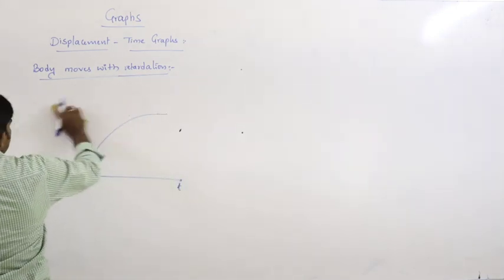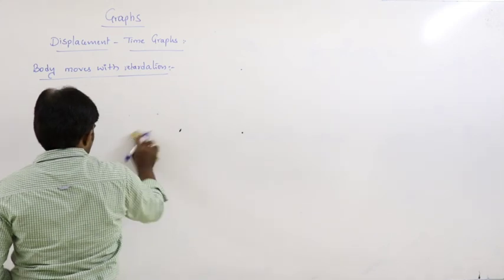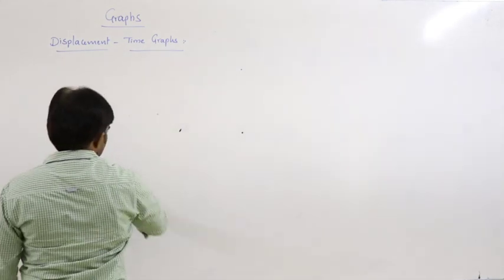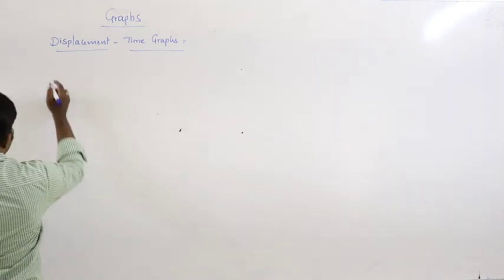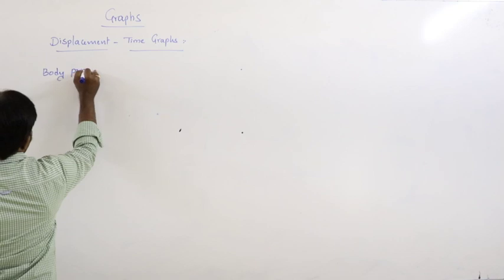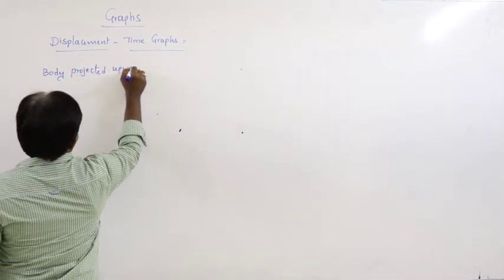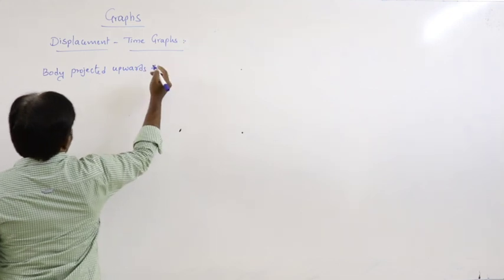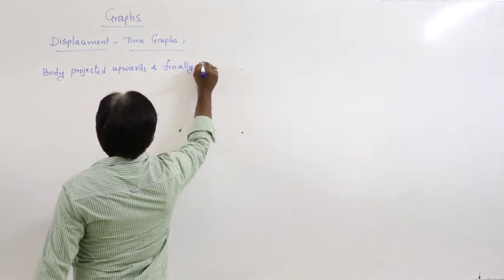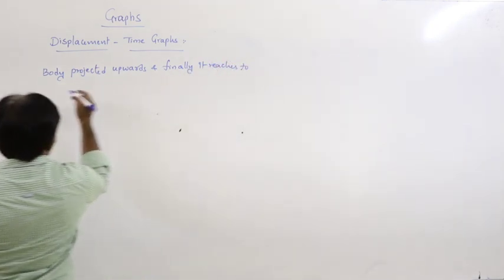Now, in this situation, for this condition, how can we draw the graph for a body projected upwards, and finally it reaches the ground?